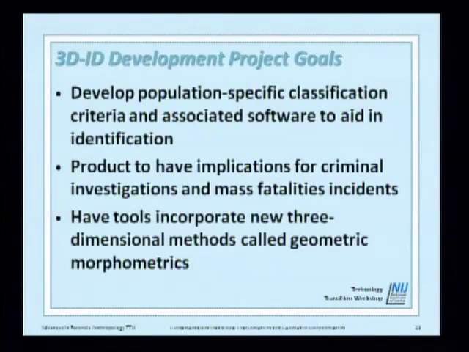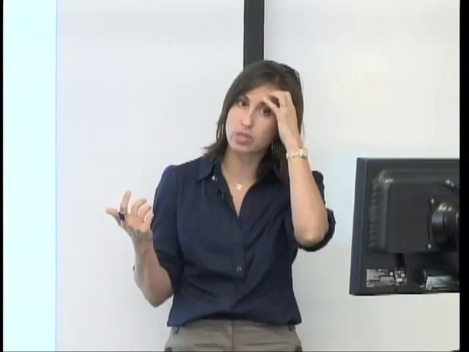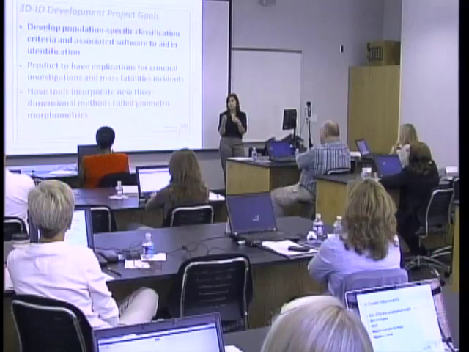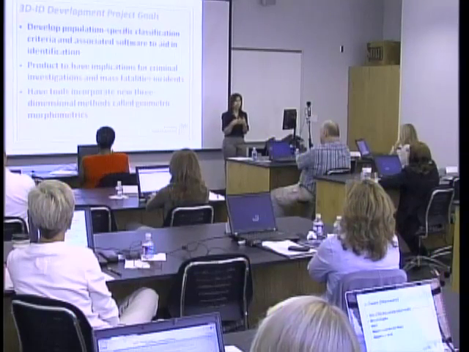So why did we do this? We wanted to develop population-specific classification criteria using the newer, more robust methods. The traditional methods still work really well, and they actually are very comparable to the older methods. But the nice thing about 3D ID is that you can find subtle differences that you may not be able to detect by more traditional means.